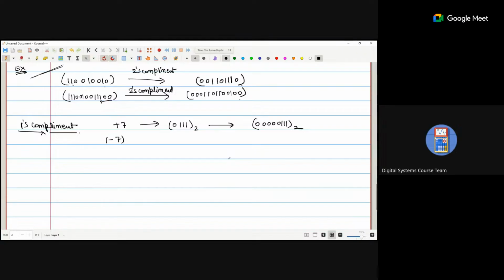For -7, I have to take the ones complement. So first of all, write down the +7, then take a ones complement. Now again the method is similar, just copy and paste the MSB bit.